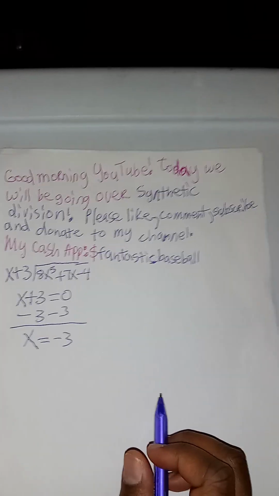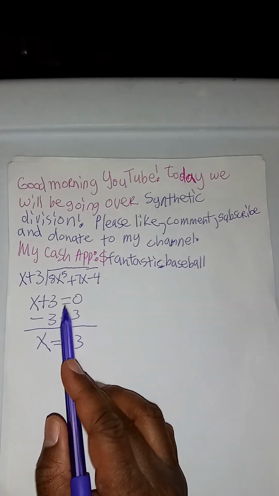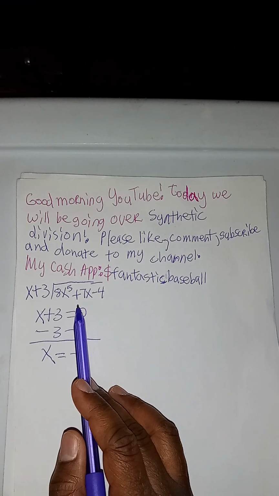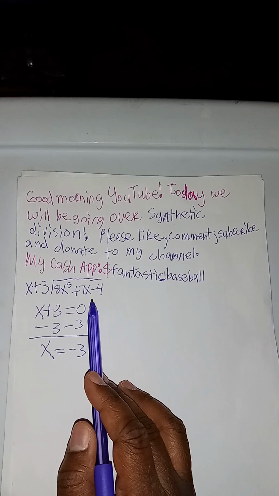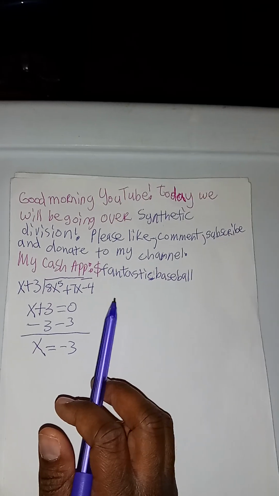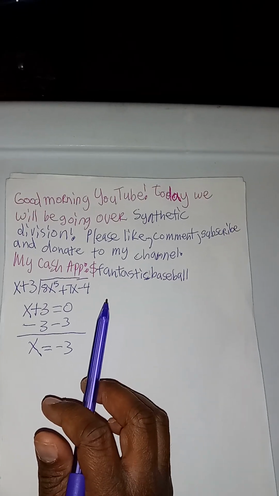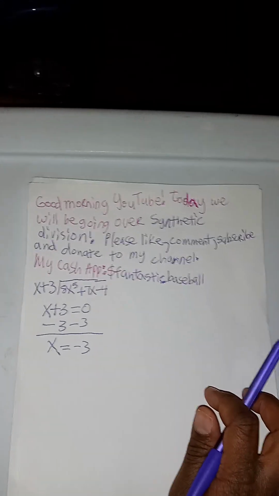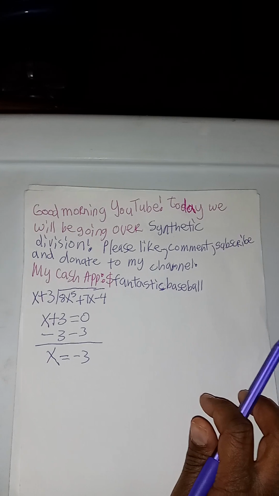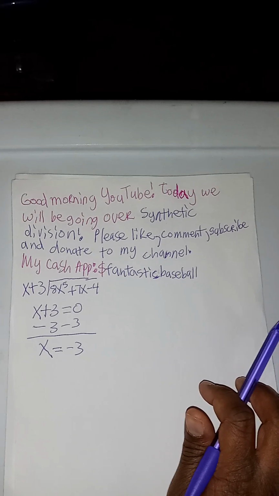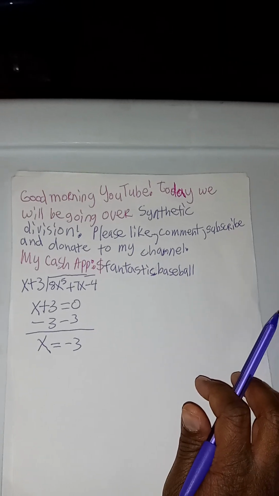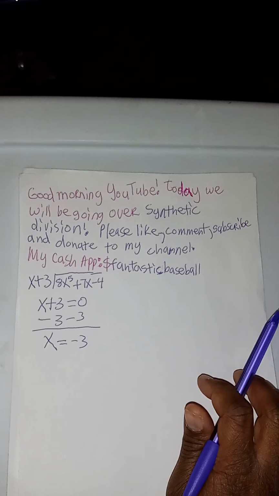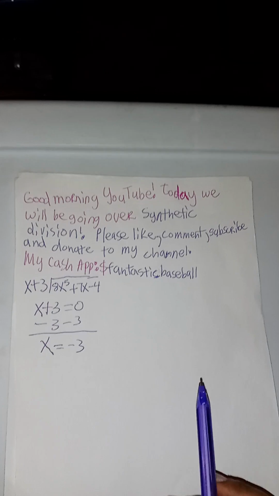Now we have to observe that the polynomial goes from 8x to the fifth power and drops down to plus 7x minus 4. Naturally, when we go down a set of steps, it's safe to take one step at a time when going downward.